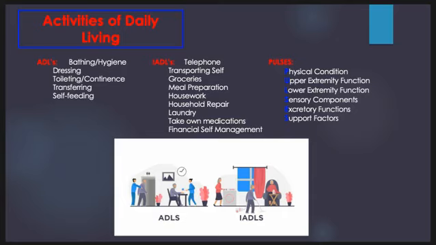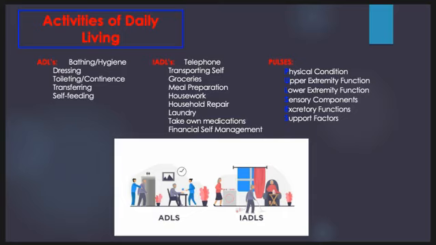Still, with our older adults, we do want them to maintain their independence, and we do help them as much as we can, but by them maintaining their independence, it does help them a lot with their self-confidence, and it also helps increase their mobility.